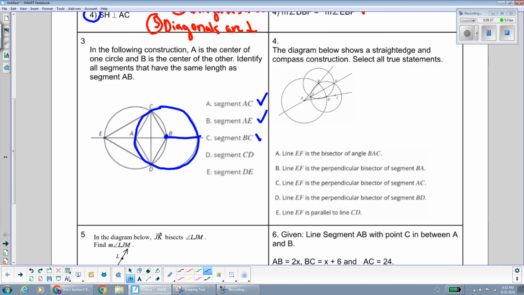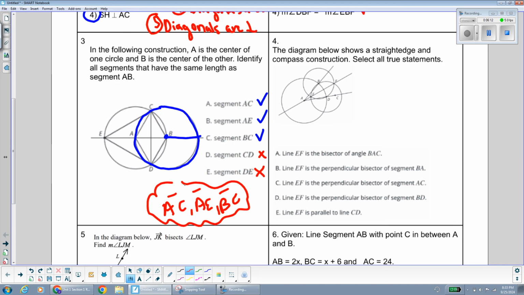BC is a radius. CD is not a radius. It's a chord. It just goes from point to point. It doesn't pass through either center. DE is not a radius. DE is once again a chord. It doesn't pass through either center. In order to be a radius, it has to pass through a center of the circle. So AC, AE, and BC all have the same length as AB.